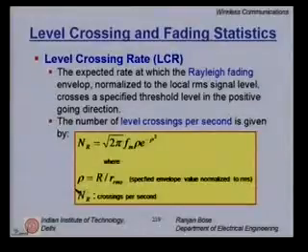So, your rho is simply given by the threshold you defined divided by the R_rms. f_m, on the other hand, deals with how fast you are traveling and at what angle the ray from the base station is coming towards you. Okay. So, f_m can be found out by that. Once you have these two numbers, then you have, for the Rayleigh, the level crossing rate in terms of crossings per second.